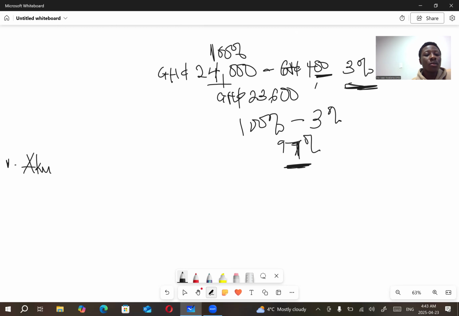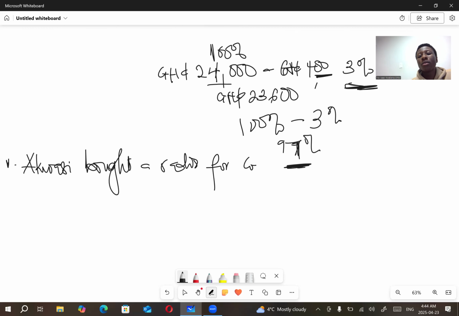Akwesi bought a radio for 650 Ghana cedis. After 1 year, the cost depreciated by 25%.